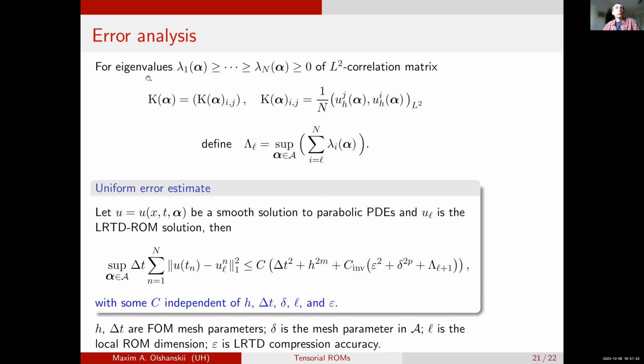I also need one more notation. I consider correlation matrices, L2 in this case, for any specific alpha. So again, these are correlation matrices not for all states, but for the states for a fixed alpha.